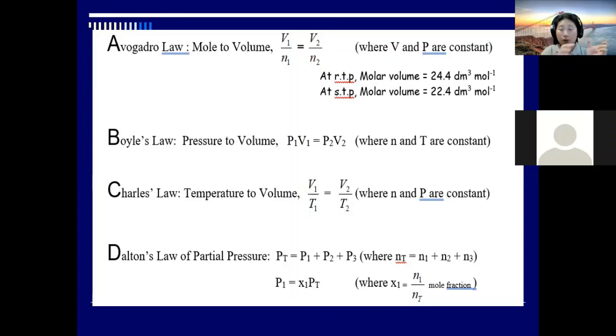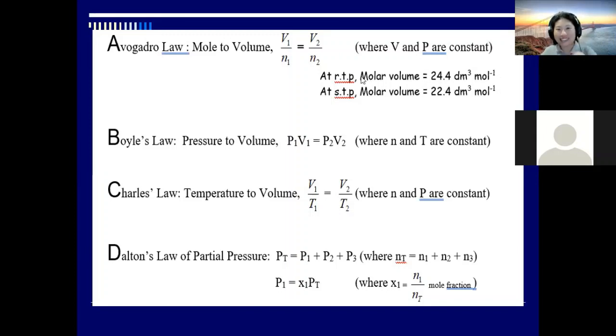But if you say molar volume, you have to move the 1 mole to the opposite direction. It is 24.4 divided by 1. So molar volume, the word molar here means each mole. So you have to write 24.4 decimeter cube per mole.